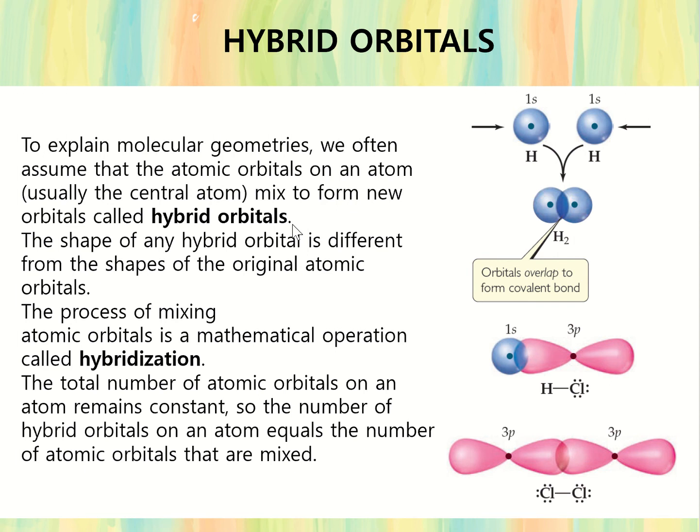At this stage, we're familiar with our s or spherically shaped s orbital, or p orbital, or d, f, etc. Now we're saying that some mixing happens with regards to the bonding. When atomic orbitals mix, they form new orbitals called hybrid orbitals.